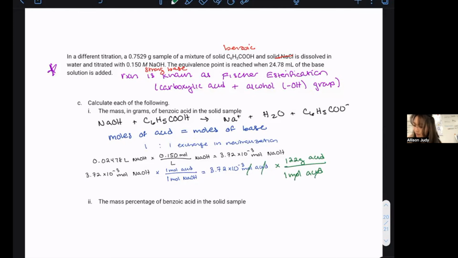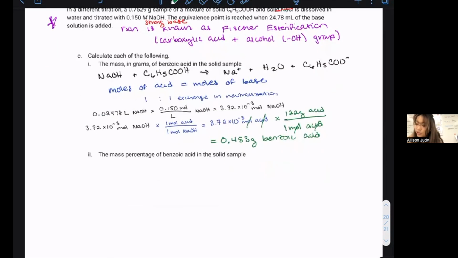I simply finish out the math and I get that 0.453 grams of benzoic acid was in the sample and was fully neutralized based on my known standardized titrant solution, NaOH. And I am watching sig figs. I am in 3 sig figs because my molarity of NaOH was 3 sig figs. It was the value that limited me in my sig figs.